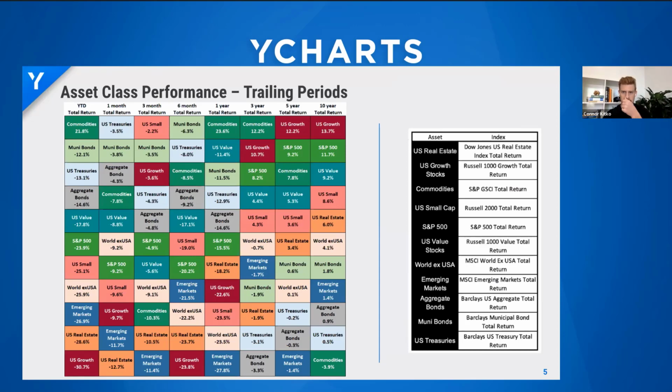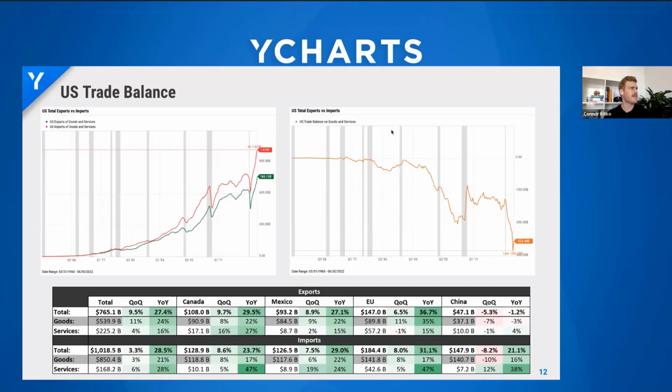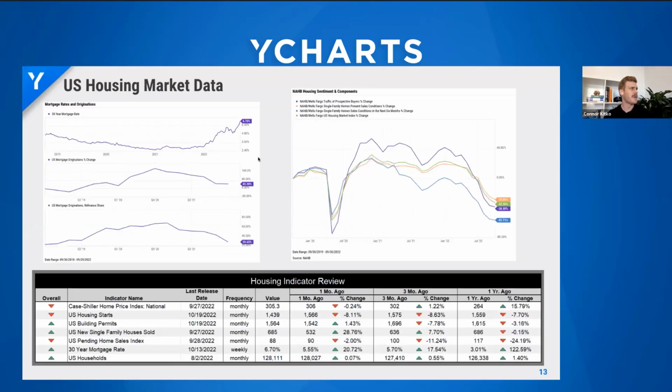And then Kurt, how do we make the US housing market data chart ourselves? If I go to that housing market picture, let's start with this one up in the left, because this one has a couple different formats going on, I would suspect. We're looking at 30-year mortgage rate, mortgage originations, and mortgage originations refinance share.